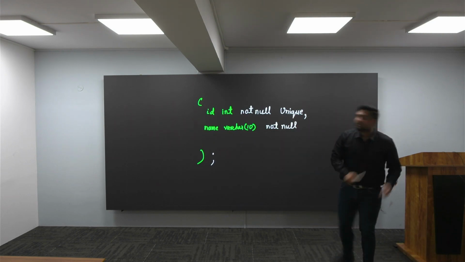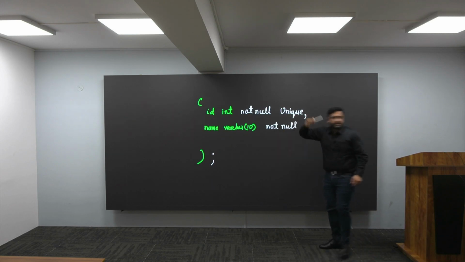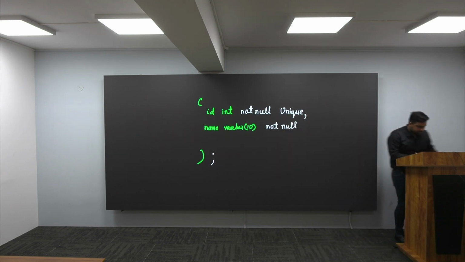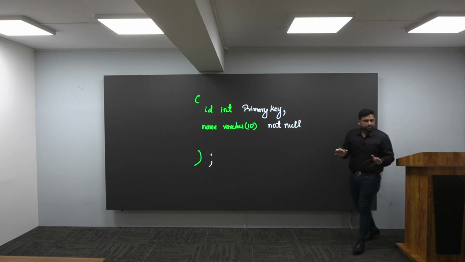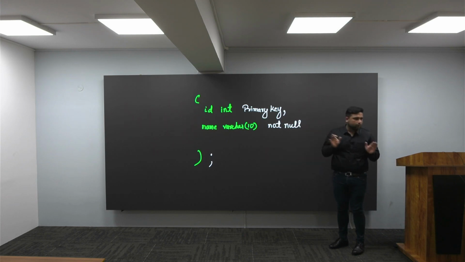So we will get the same effect of not null and unique if I put primary key. So I will put primary key over here. Did you understand what is the functionality of primary key? What is the functionality of not null?